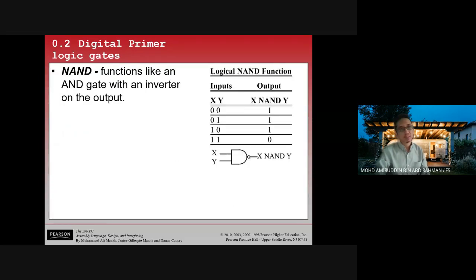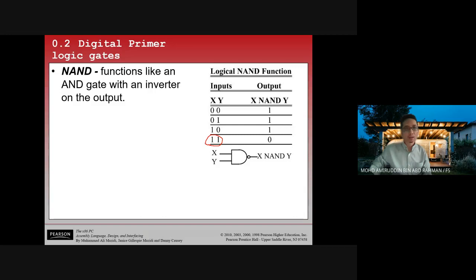Right? And then we also have the NAND function. So the NAND is the inversion of the AND function. So it inverts all of the results of AND. For the AND gate, you get 1 only when both inputs are 1.